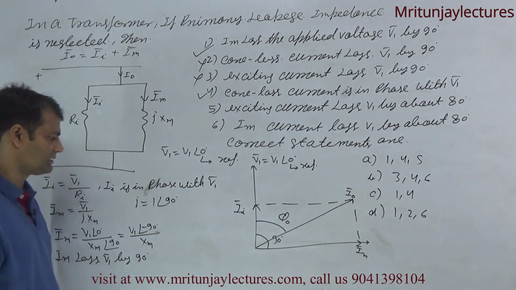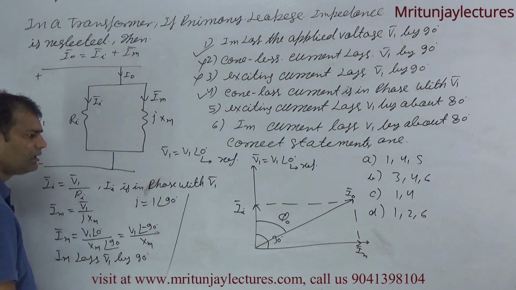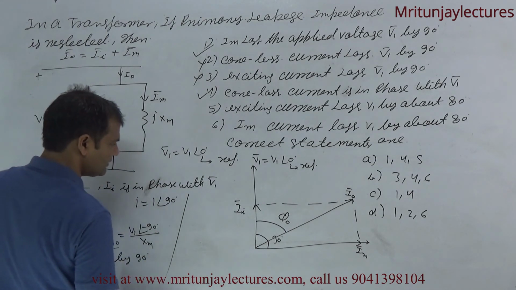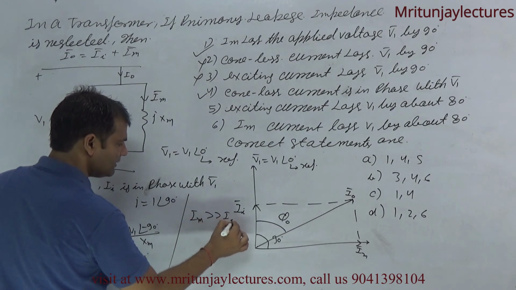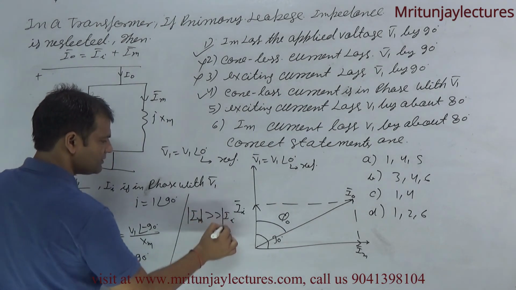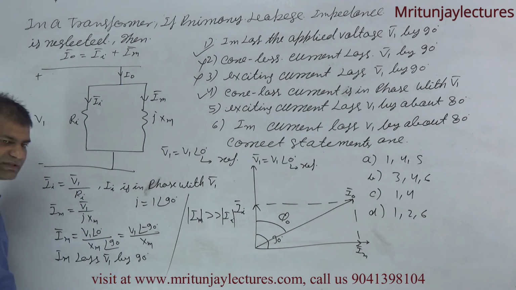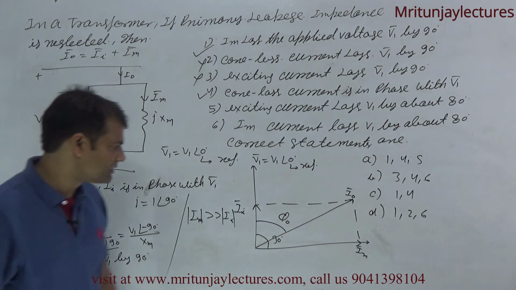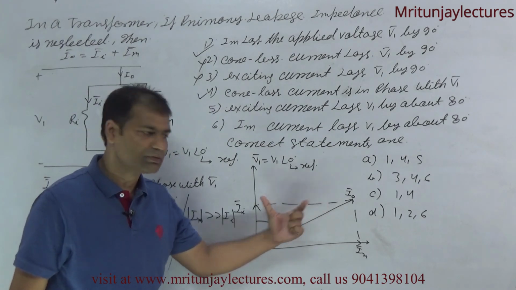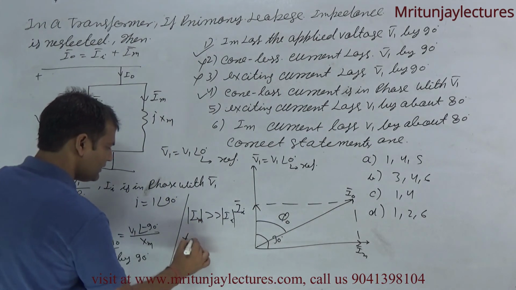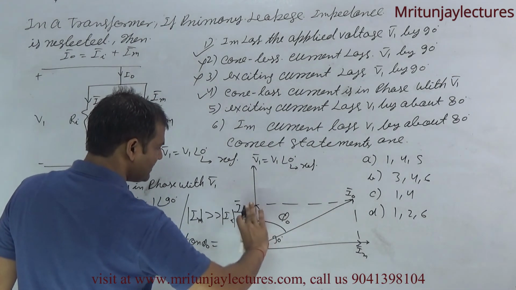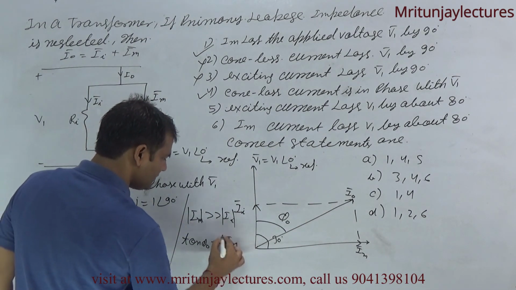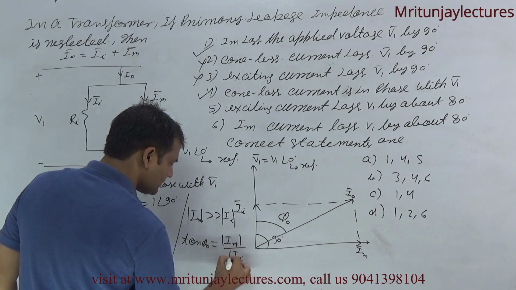Now the next one: the exciting current lags V1 by about 80 degrees. First of all, discuss this. Practically, in questions, Im is greater than Ii in magnitude. It means tan phi naught is equal to Im divided by Ii.